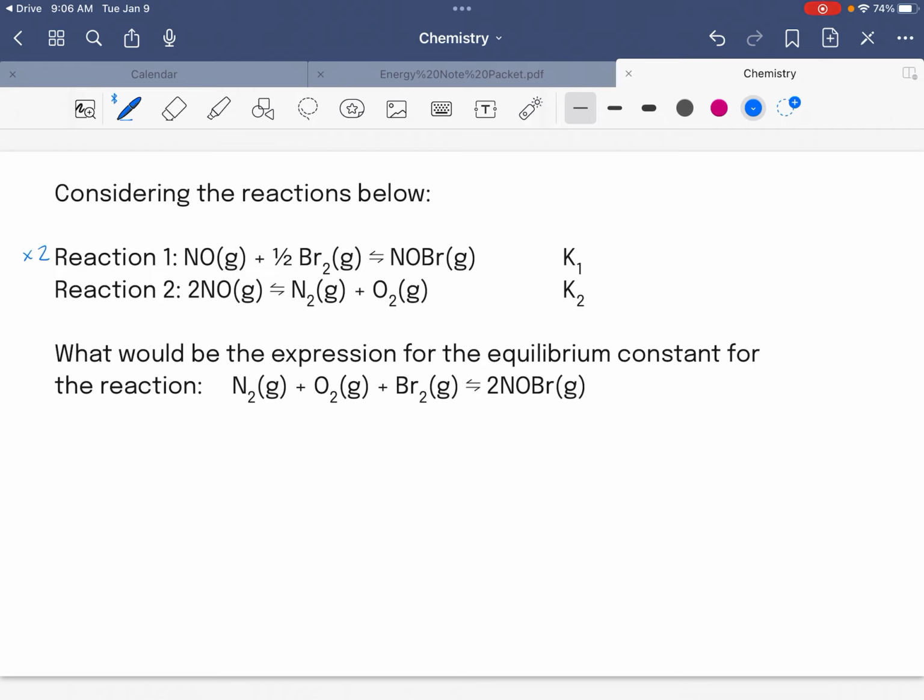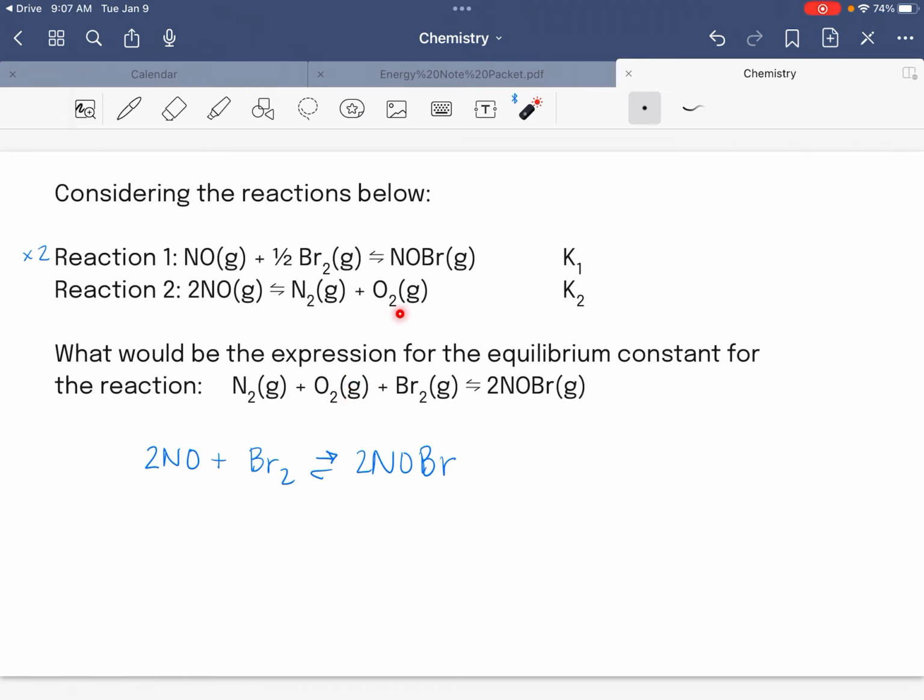Let me go ahead and just write that. So 2NO plus Br2 yields 2NOBr. And then if we look at our O2, we need O2 on the reactant side, just a single mole.